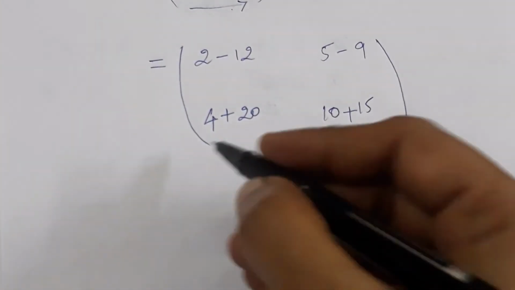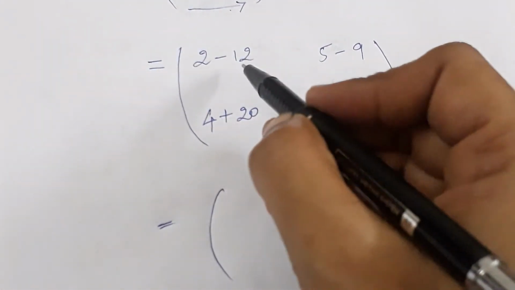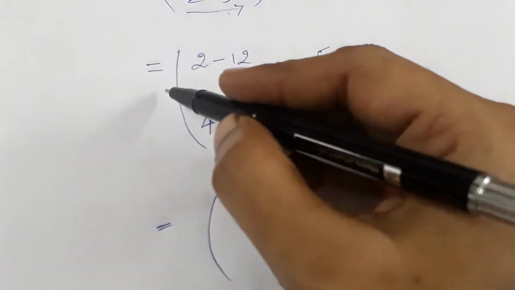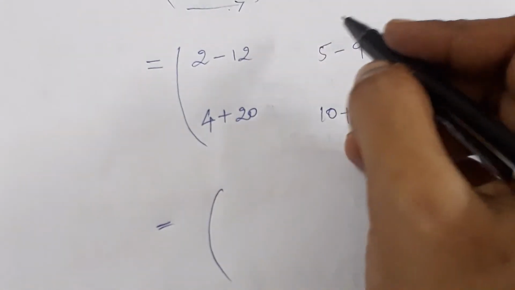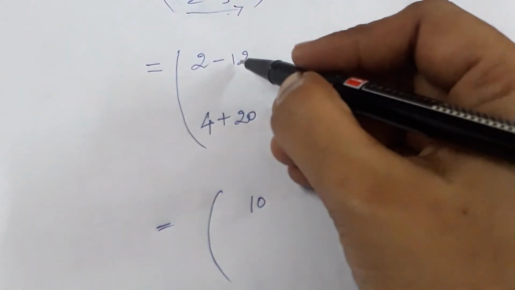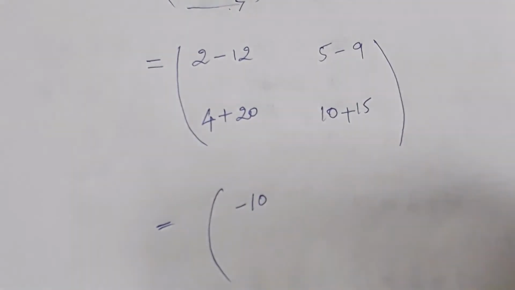Now we are going to simplify this matrix. 2 minus 12: these two numbers have different signs, so you subtract and put the greater number's sign. 12 minus 2 is 10, the greater number is 12 and its sign is minus, so minus 10.